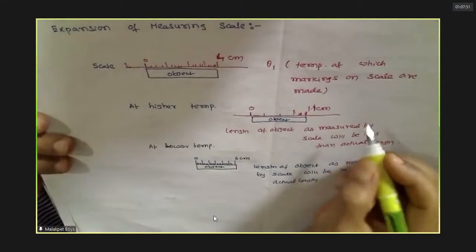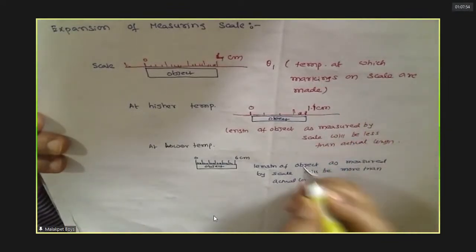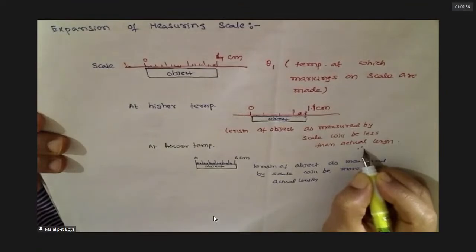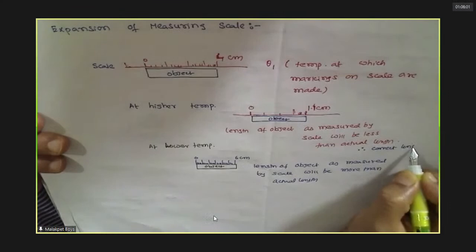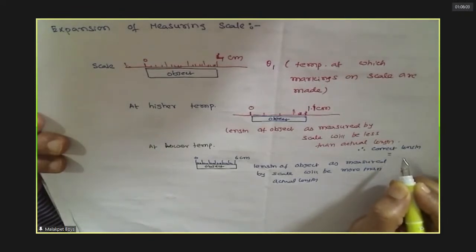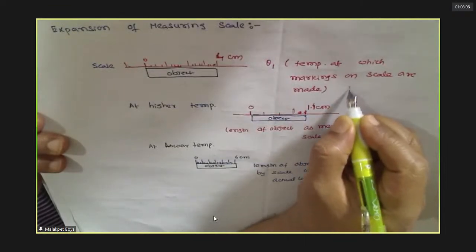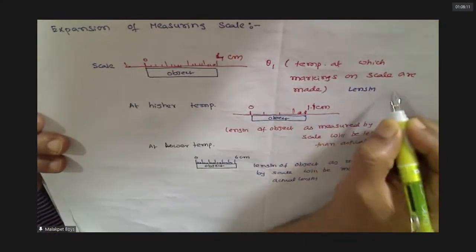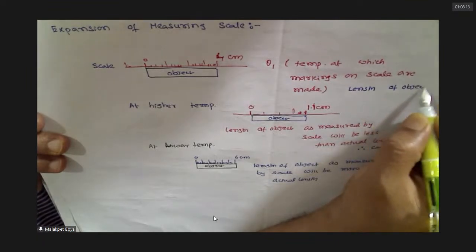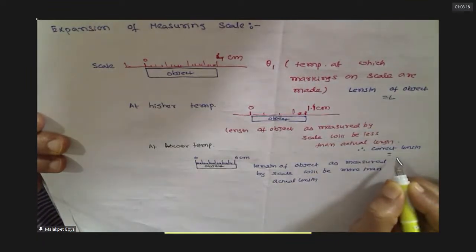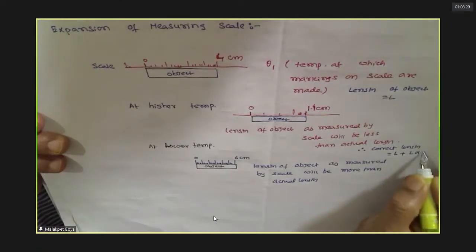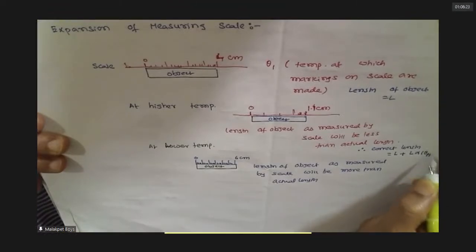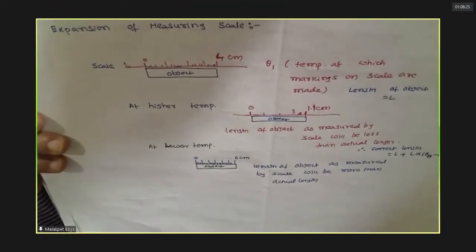That means here, what is the correct length you want? The true value here will be L plus L alpha, higher temperature minus lower temperature.